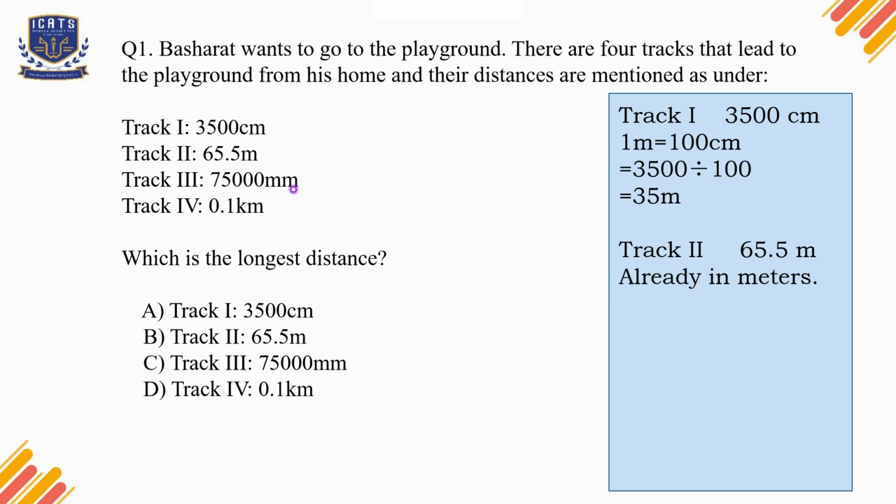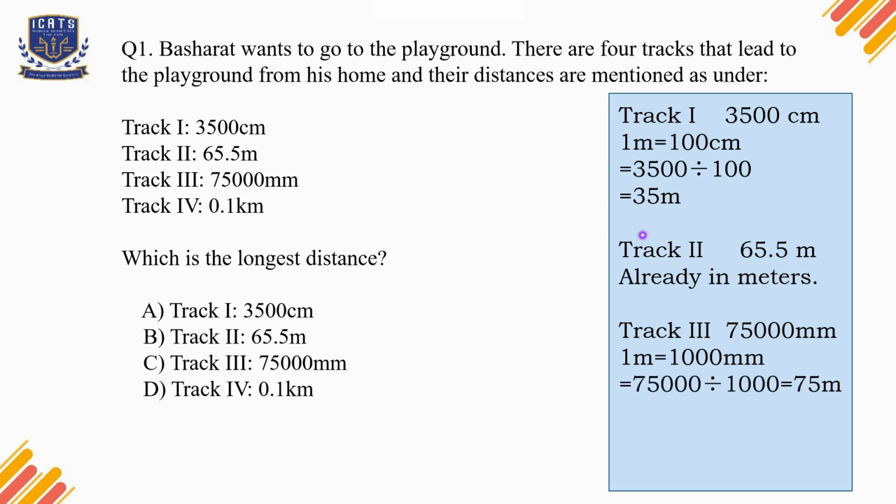Track 3 is 75,000 millimeters long. As 1 meter has thousand millimeters, we will divide 75,000 by thousand, which is equal to 75 meters. Now the length of track 4 is 0.1 kilometers and we know that 1 kilometer is equal to 1000 meters.